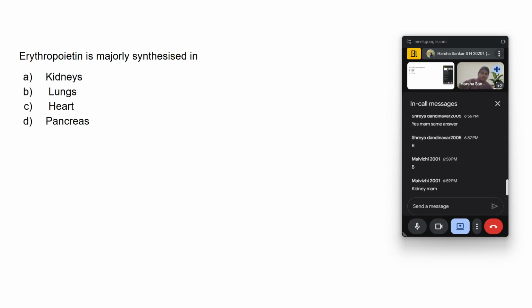Erythropoietin, EPO, helps in the synthesis of RBC. Remember where we learned about erythropoietin? Okay, so the correct answer is kidney only, right? Erythropoietin is synthesized in the kidney only.